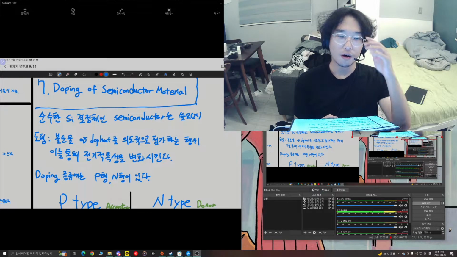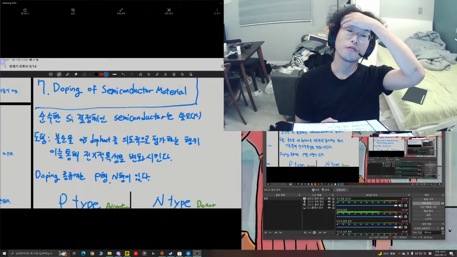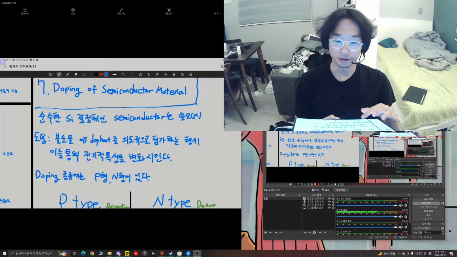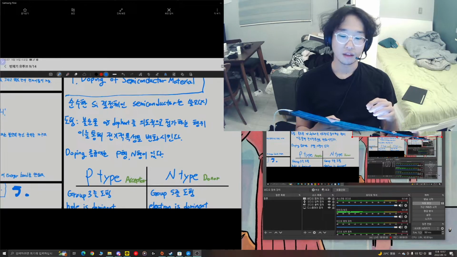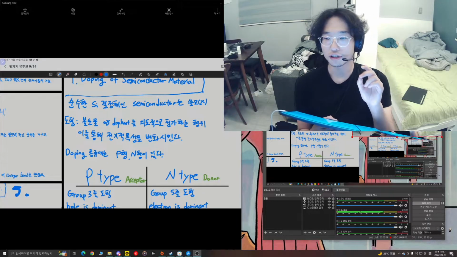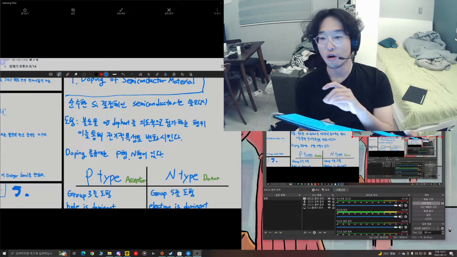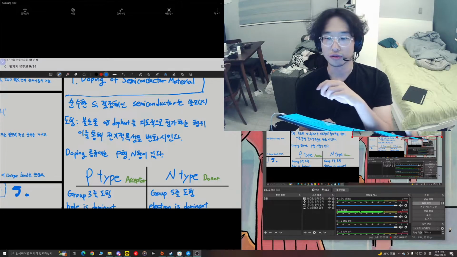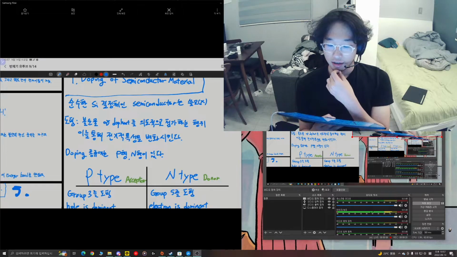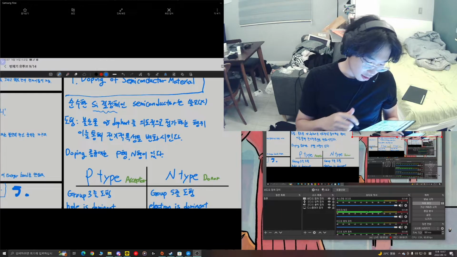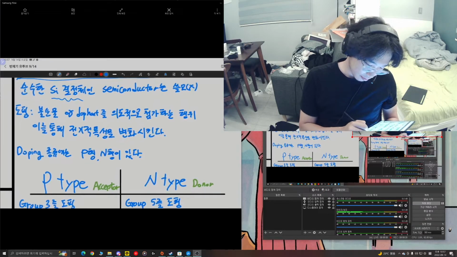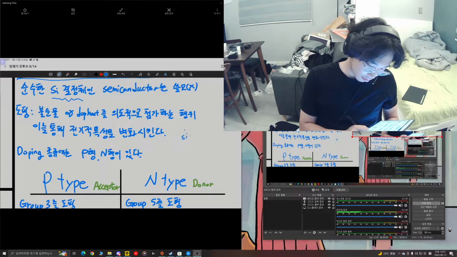So we dope the semiconductor. The natural semiconductor is useless because it cannot flow electrons, because a natural Si molecule is like that and like that and like that.